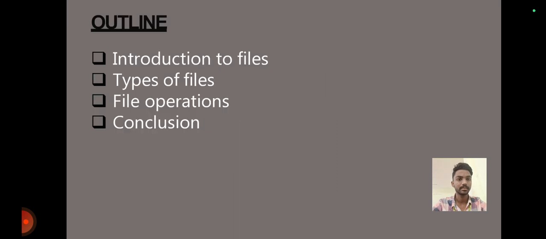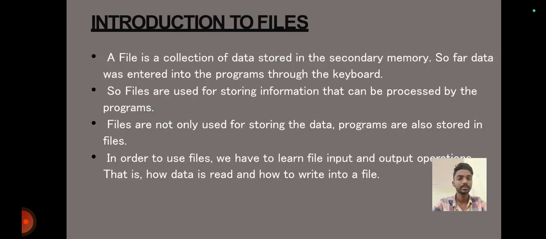Operations on Files. At the end of the session, we will know about the introduction to files, types of files, file operations, and conclusion. First topic, Introduction to Files. A file is a collection of data stored in the secondary memory. File data was entered into the programs through the keyboard.